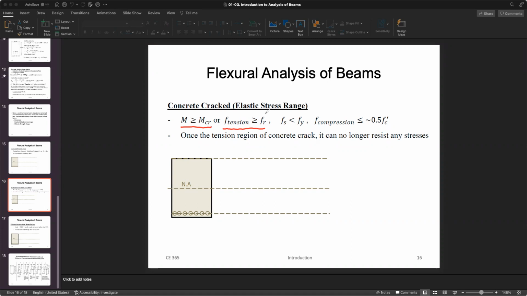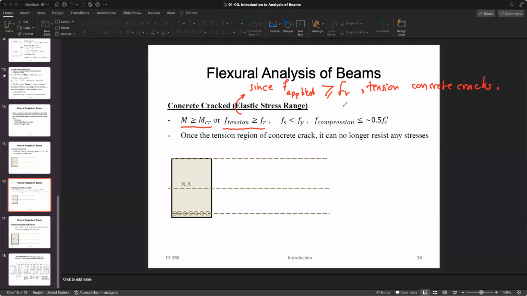All right, so let me put it this way. Before I talk about that, for this guy, I would say since the applied stress is more than fr, tension, the concrete cracks.